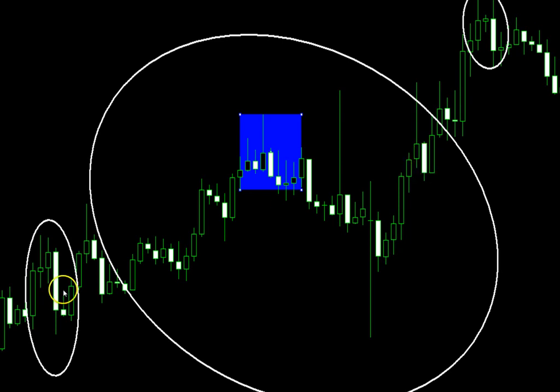Let's see if we can find it. Here, right here. This is a bullish engulfing candle. Totally engulfs this candle. This bearish candle totally engulfs this candle. And then you have your uptrend, your downtrend, your uptrend, and the overall trend is up.